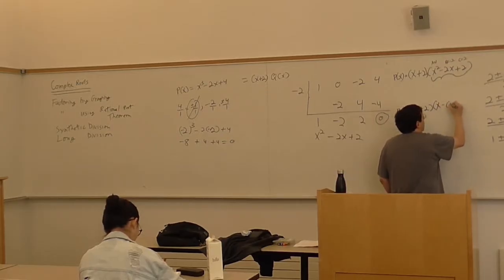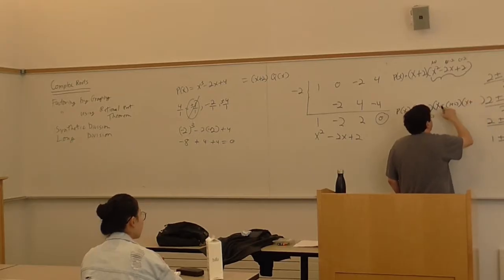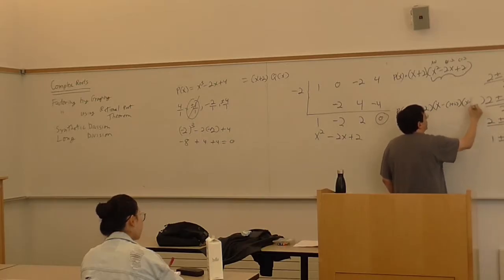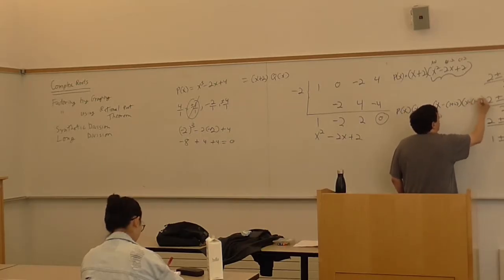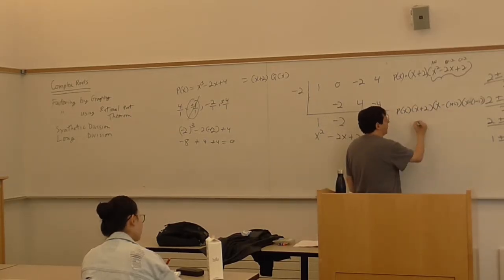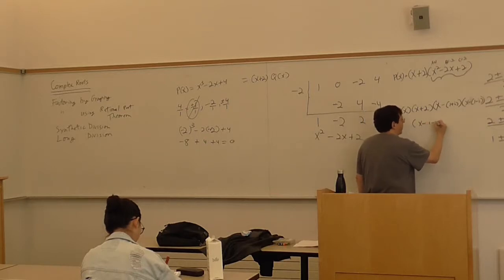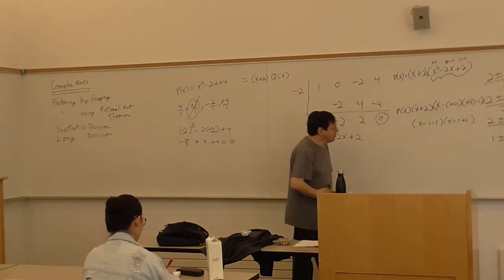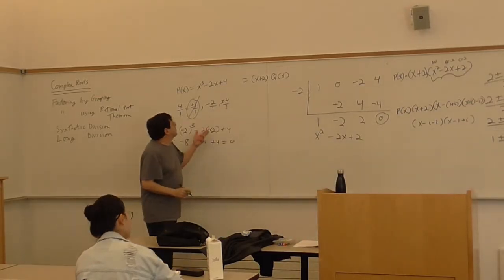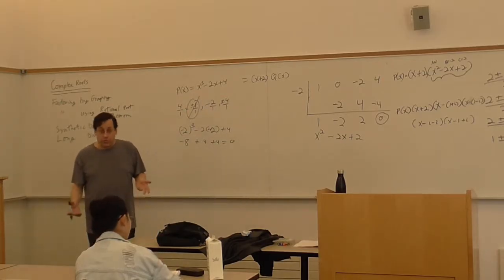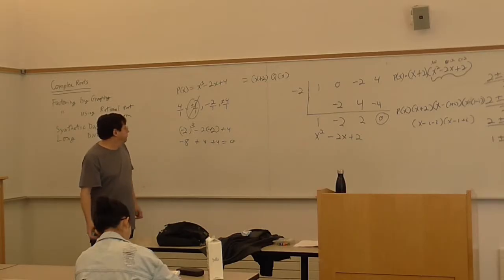X minus 1 plus i, and x minus 1 minus i, which we could distribute here, same thing. Okay, so now, even though it doesn't have 3 real roots, it has 3 roots, I can still factor it.